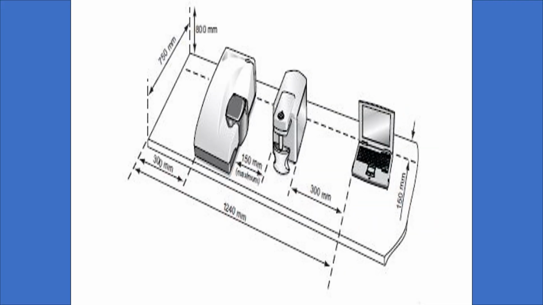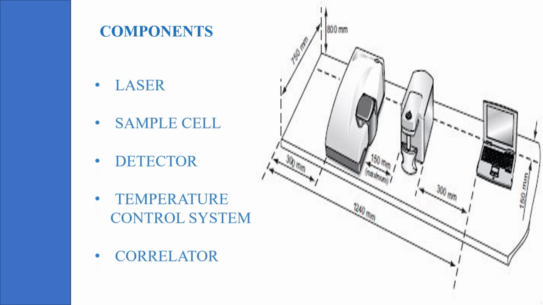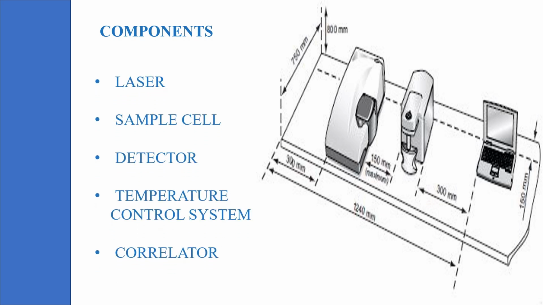This is what a Zetasizer looks like in real life. The components of a Zetasizer are a laser, sample cell, detector, temperature control system, and a correlator.